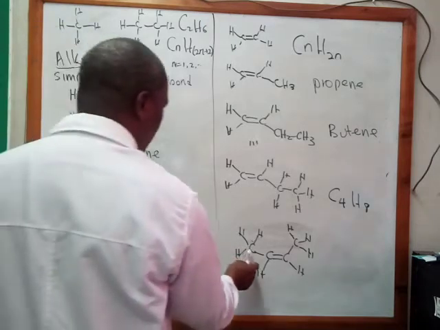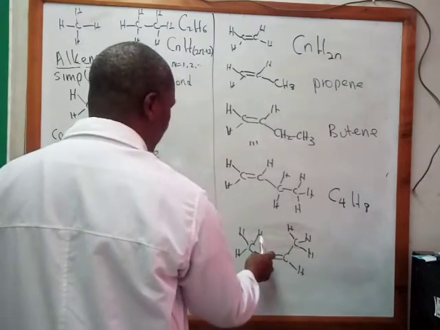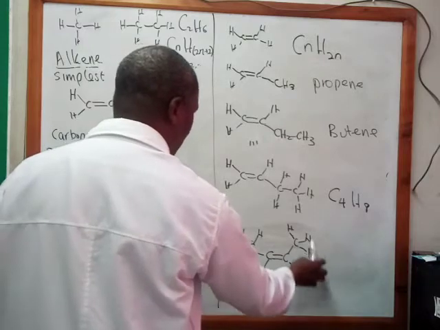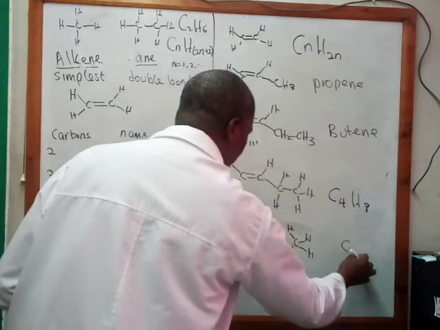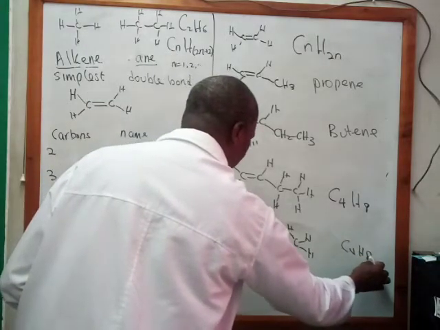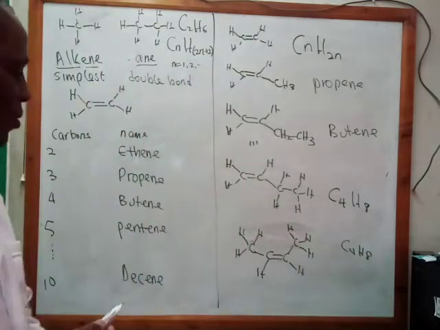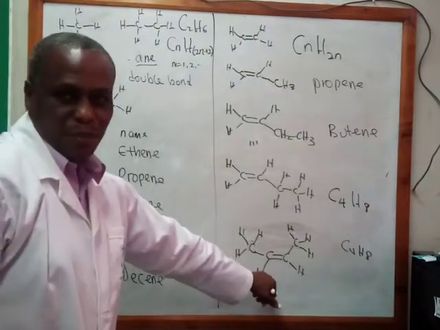That is how many? 1, 2, 3, 4. The hydrogens are 1, 2, 3, 4, 5, 6, 7, 8. This is also C4H8. Okay? So this is also butene.